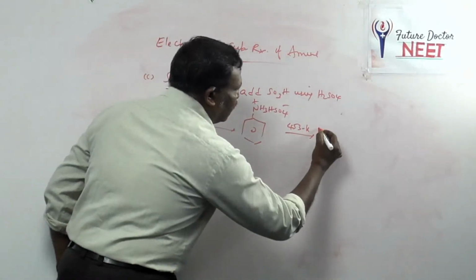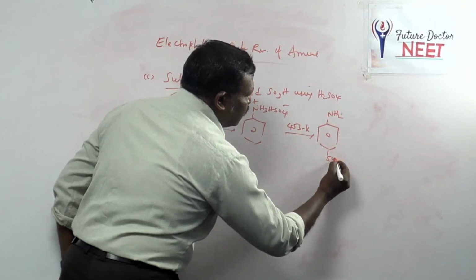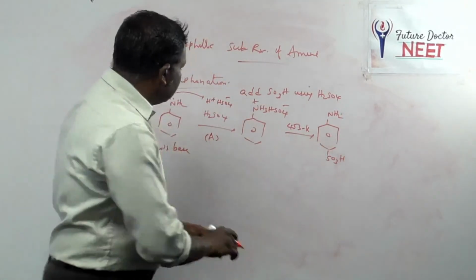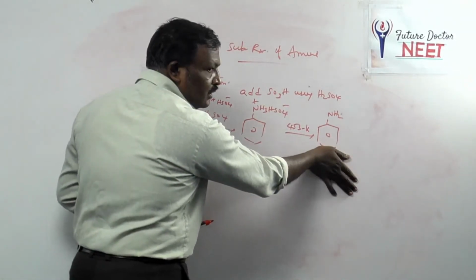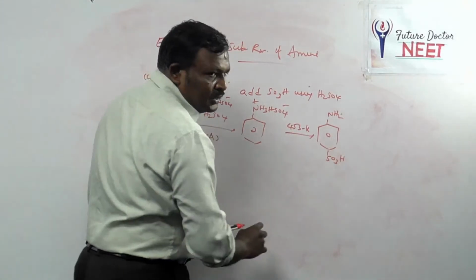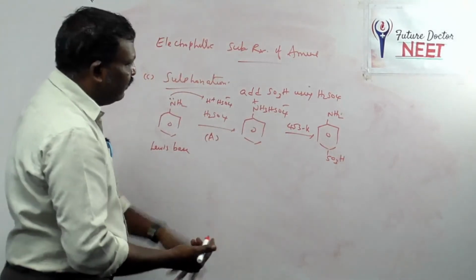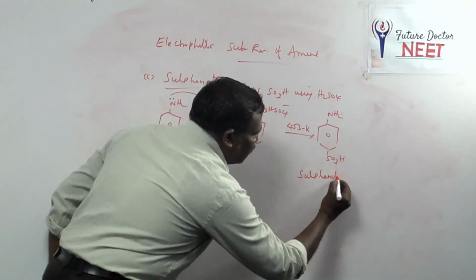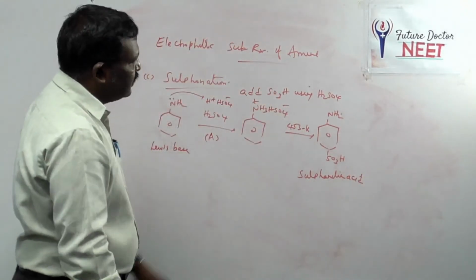Now it becomes NH2 here, SO3H here. This is aniline with a sulfonic acid group. The name of the compound is sulfanilic acid.